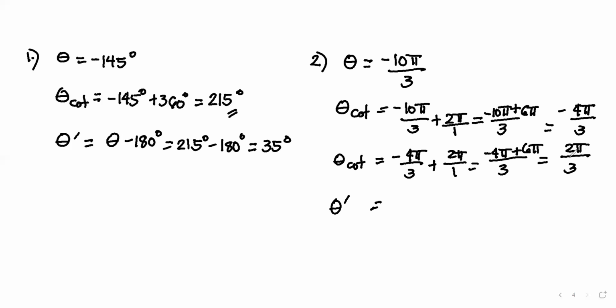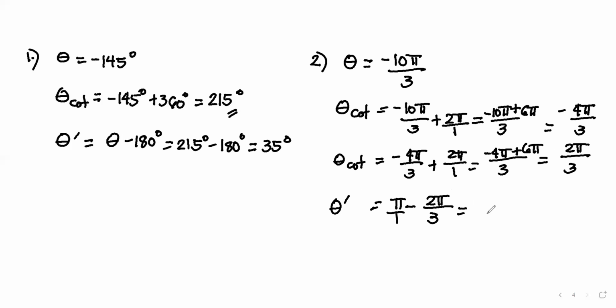2 pi over 3 is in what quadrant? The second quadrant. So if it's in the second quadrant, to find the reference angle, it's 180 degrees, which in radians is equal to pi, minus the coterminal 2 pi over 3.